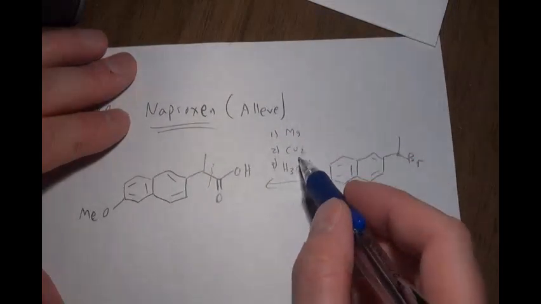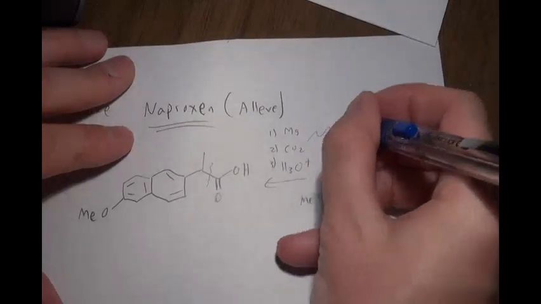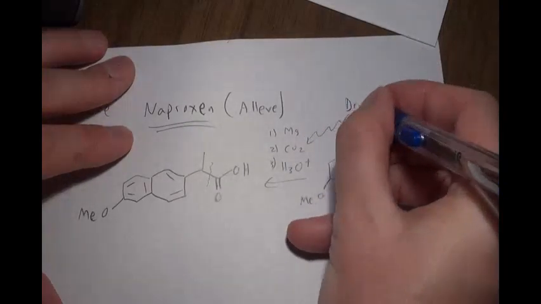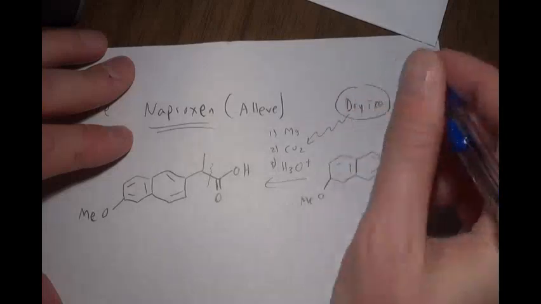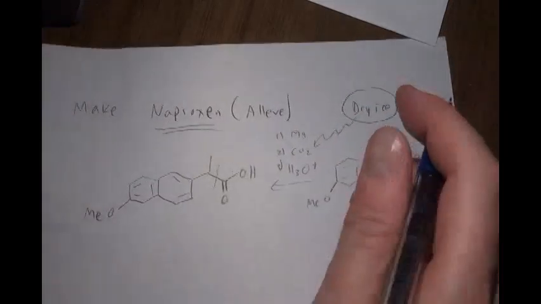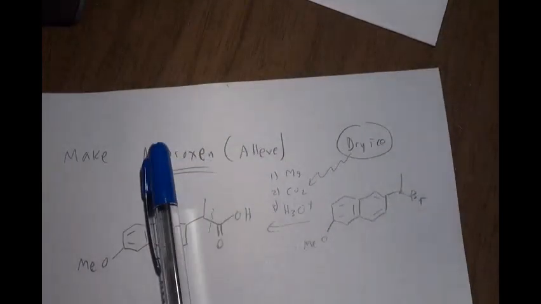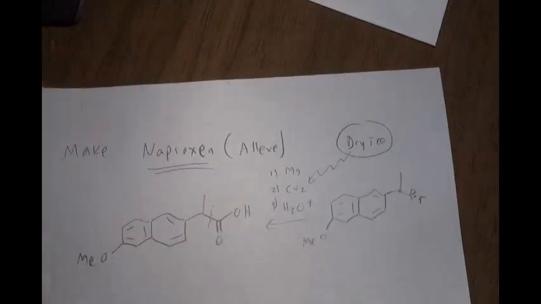CO2 is a very cheap gas, so you can just go buy a tank of it. But you could also just use dry ice, because dry ice is CO2, right? Dry ice is CO2. Okay, cool.